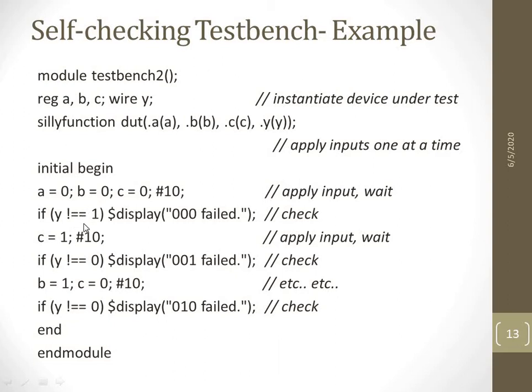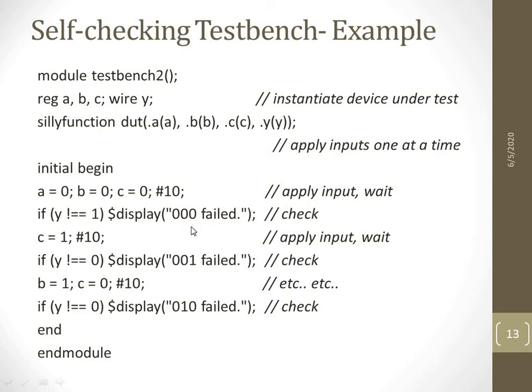Only when my output is false, or output is not equal to 1, does it display a message, such as all 0 failed or 001 failed and so on. Or in the double quotes I can mention even output is incorrect, or error, or a false message.